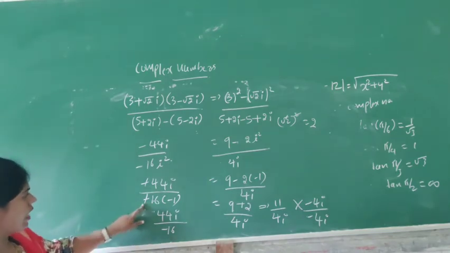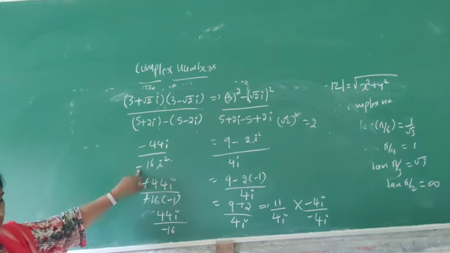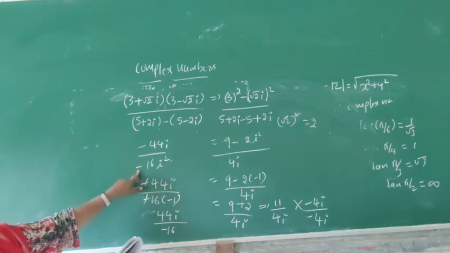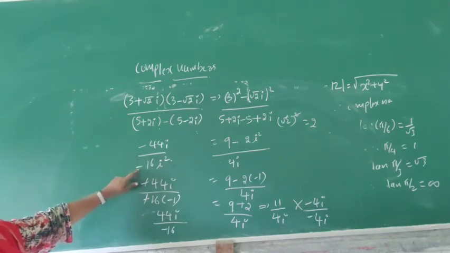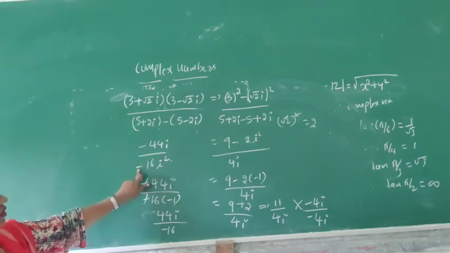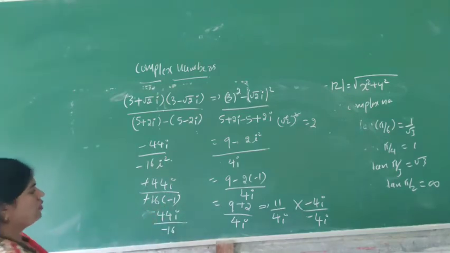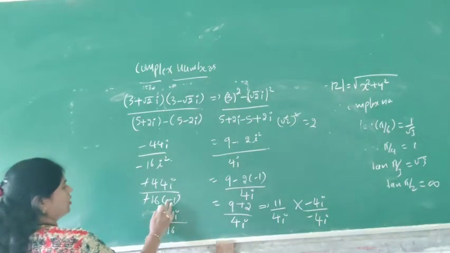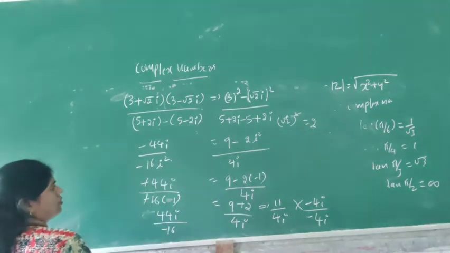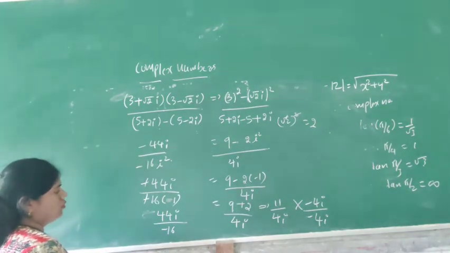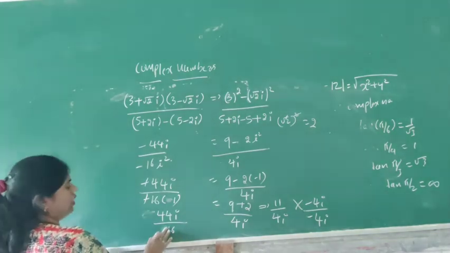Here i square value is minus 1, so minus 16 becomes plus 16 after this. You can directly do this: 44i divided by 16 only.